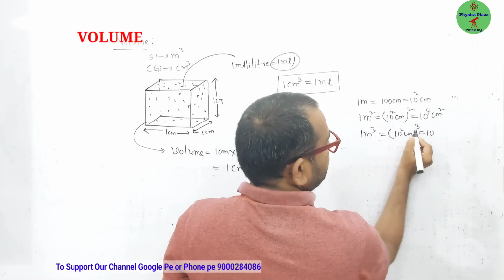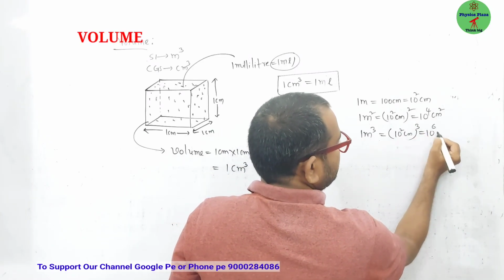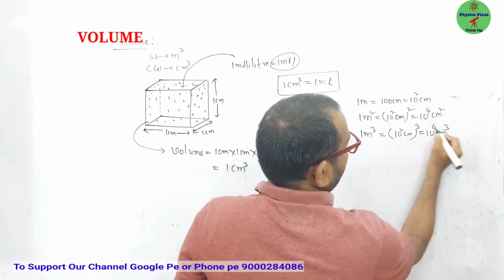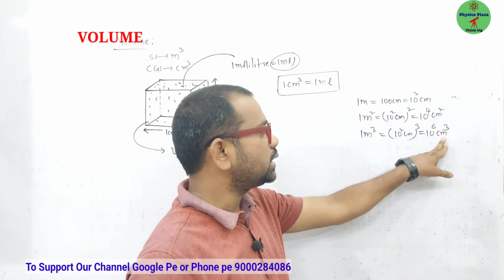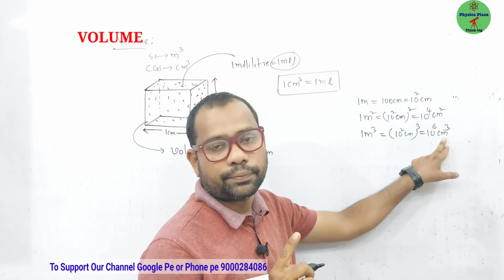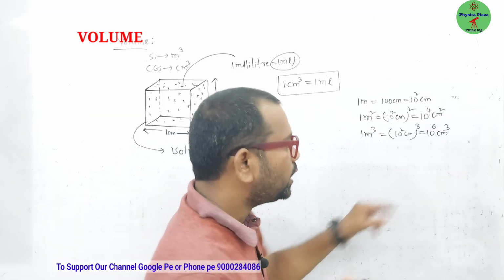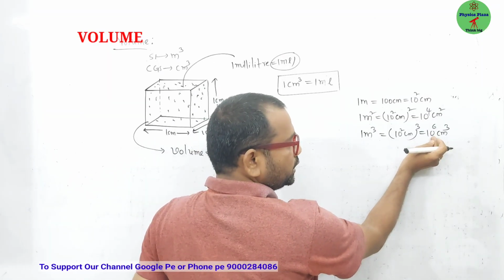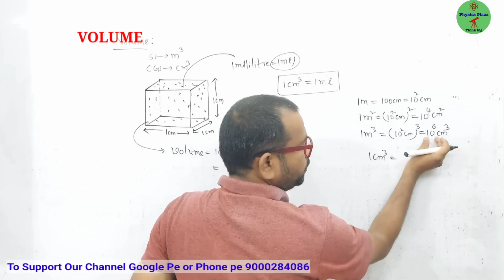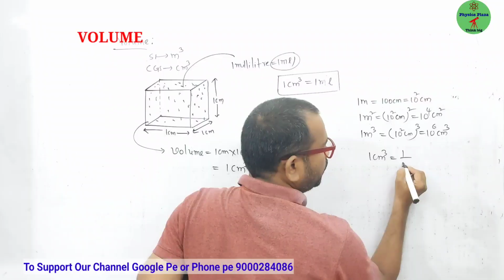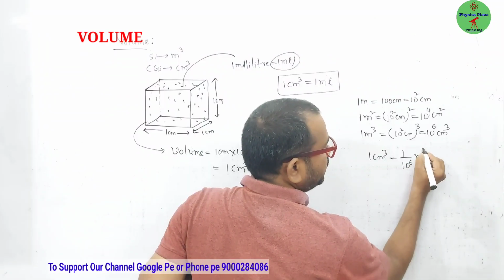This will become 10 power 6 centimeter cube. So 1 meter cube is equal to 10 power 6 centimeter cube. Very much important. Or else 1 centimeter cube is equal to, bring this 10 power 6 to the denominator, 1 by 10 power 6 meter cube.